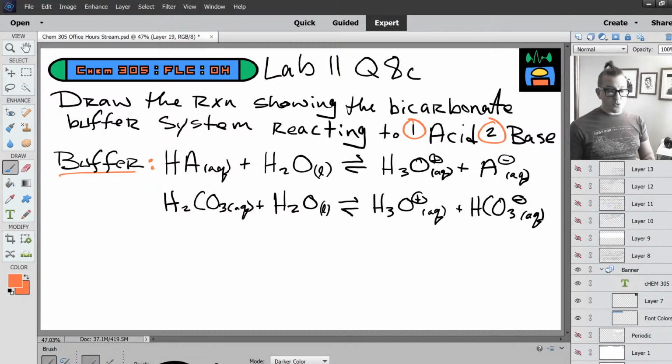Okay, so here's the reaction, right? Here, the HA is carbonic acid, right? And the A minus conjugate base is that carbonate ion.